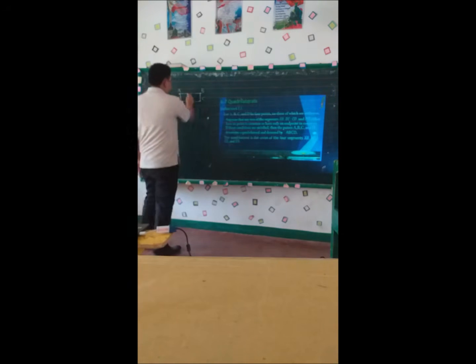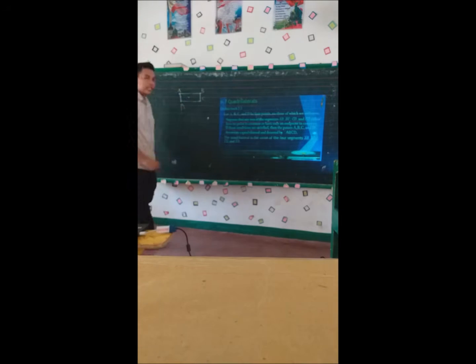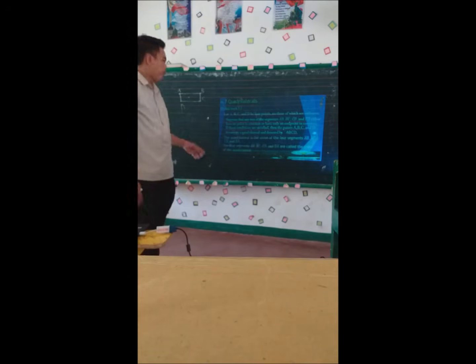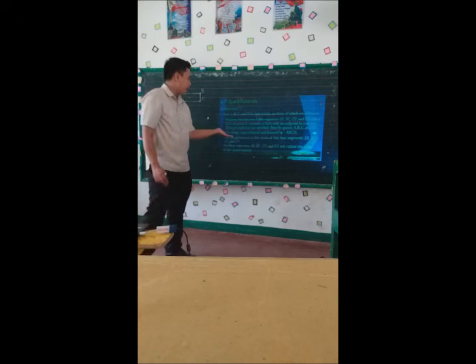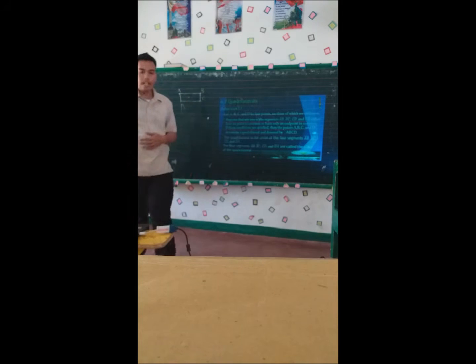The quadrilateral is the union of the 4 segments: segment AB, segment BC, segment CD, and segment DA. These 4 line segments are called the sides of the quadrilateral.